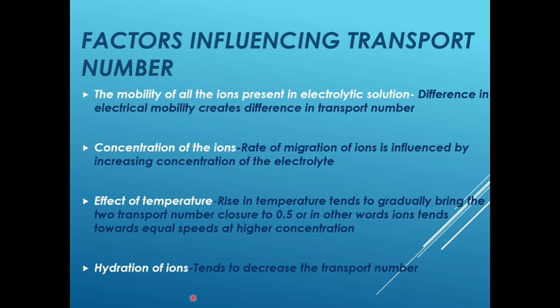For this reason, transport numbers determined from the Hittorf method are called apparent transport numbers, in contrast to true transport numbers which take into account only the velocities of ions. अगर हम सिर्फ velocity की help से transport number calculate करें तो वो ज़्यादा सही होती है in comparison to the Hittorf method of calculating transport number, because in case of the Hittorf method क्या होता है?